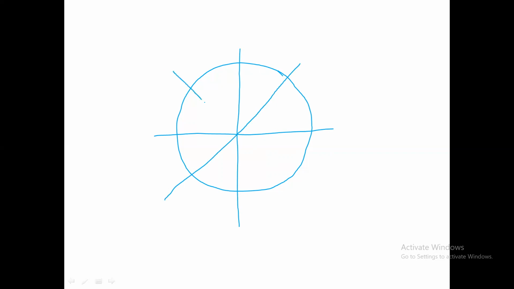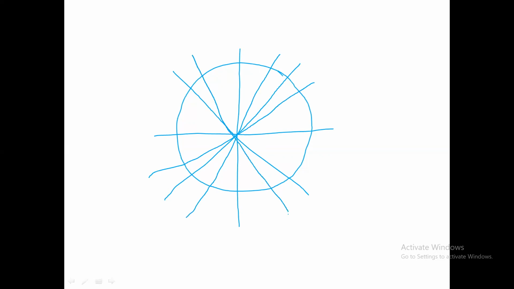This circle I will divide into half. Then I will divide it into 4 equal parts. Then I will divide it into 8 equal parts. Then I will put one line close to this and another line close to this. Similarly, one line close to this and another line close to this.